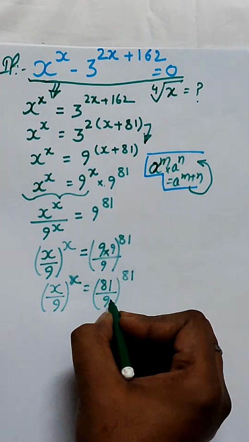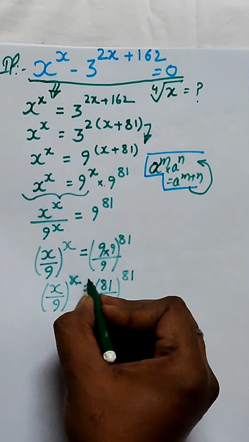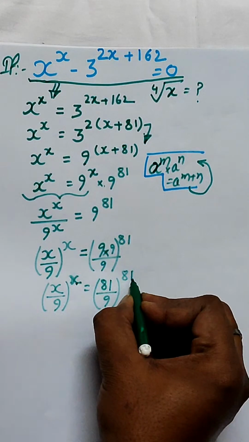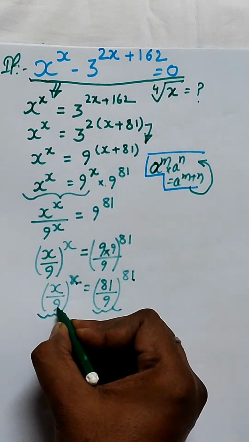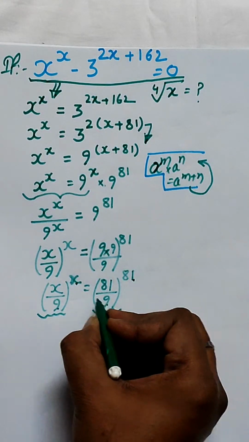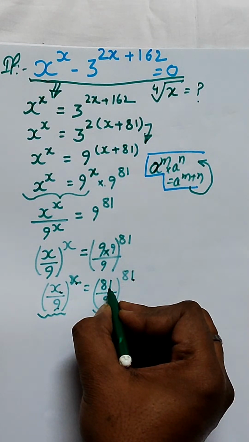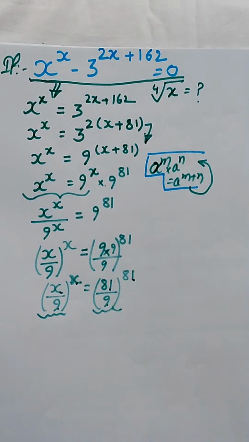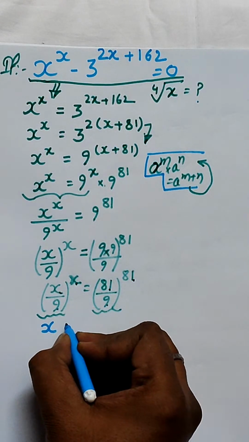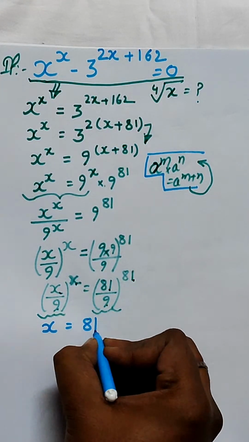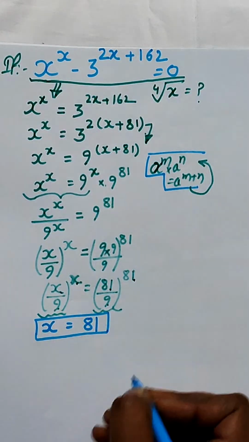Observe it very carefully. In the exponent it's x and here it's 81, and when we are equating the bases, you can see in the denominator it's 9, and in the numerator it's x on the LHS and 81 on the RHS. So we can say that the value of x is equal to 81. So x equal to 81 can be calculated here, right?